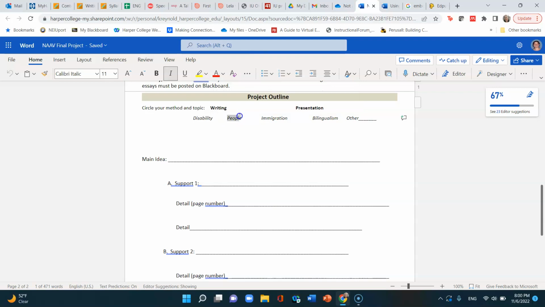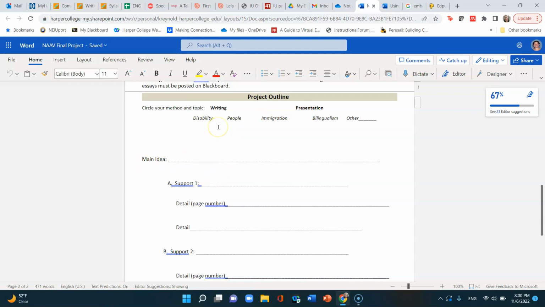Or there are 3 people who impacted Pasquale's life in Not Always a Valley of Tears. Or there are 3 reasons why Pasquale's family immigrated. Or there are 3 impacts of Pasquale's bilingualism and biculturalism. So you will basically start by saying there are 3 things.